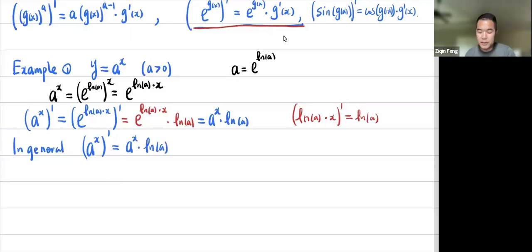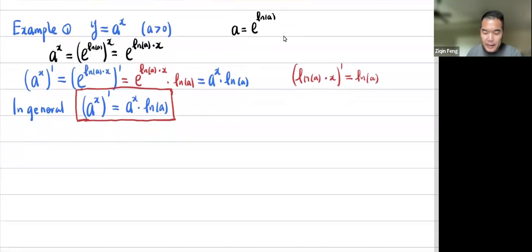This agrees with the formula we have for e to the x, because natural log of e is 1. So this is another formula we should know. Put it into our collection.